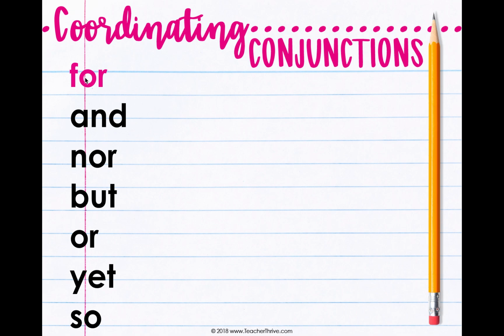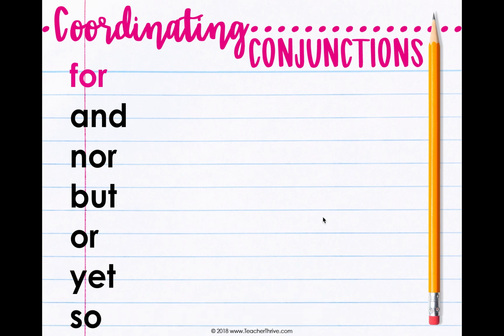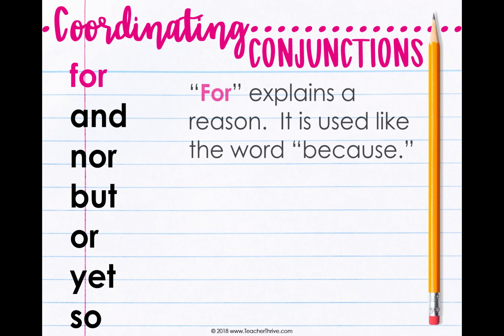So notice how when you line them up in this order, if you read the first letters vertically from the top all the way to the bottom, you have FANBOYS. That's an acronym to help you to remember the coordinating conjunctions you use when writing a compound sentence.